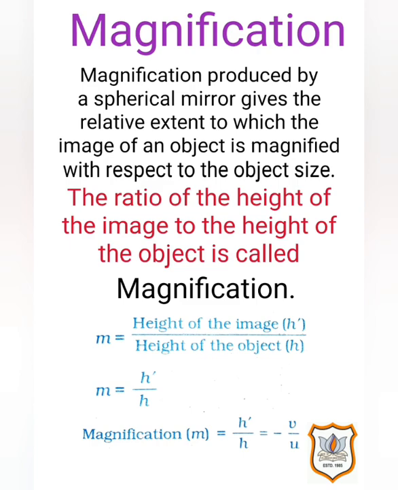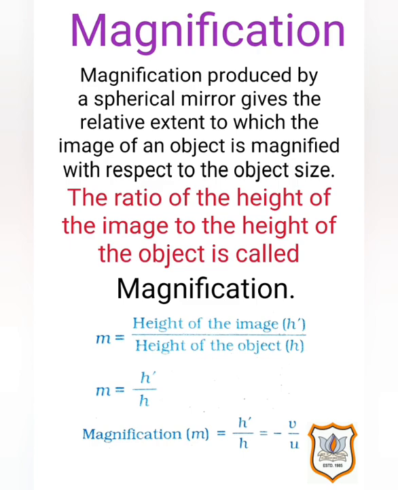The magnification m is also related to the object distance u and image distance v. It can be expressed as m is equal to minus v upon u. As the object is usually placed above the principal axis, the height h of the object measured upwards is taken to be positive.